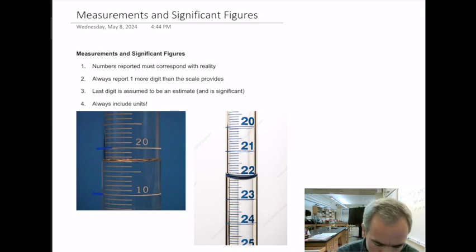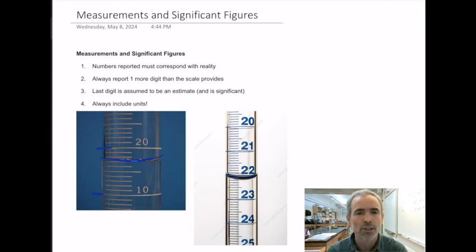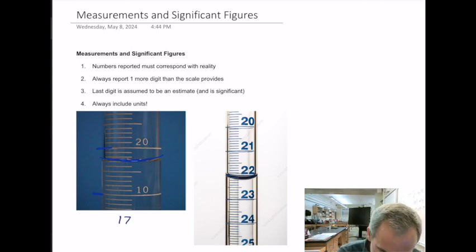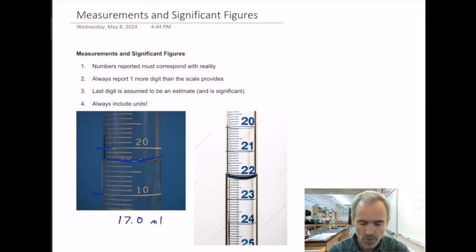You might remember from a previous science class that when we read the graduated cylinder, we always read from the bottom of the meniscus. So I'm drawing that in there as best as I can, but it sure looks like it's right on the line. So we would report this measurement as 17.0 milliliters, okay?